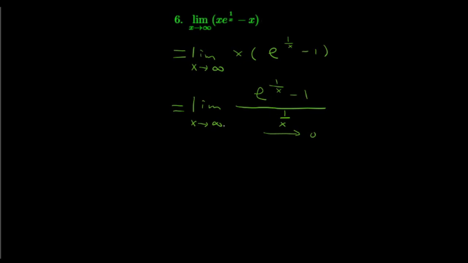So as x gets larger and larger positive, e to the power of 1 over x minus 1 gets closer and closer to 0, which means the limit of the numerator is equal to 0. You use a notation like that to indicate the limit of the numerator is 0. Again, that's only my convention. If you do it anywhere else, you need to verify the conditions by writing some words.